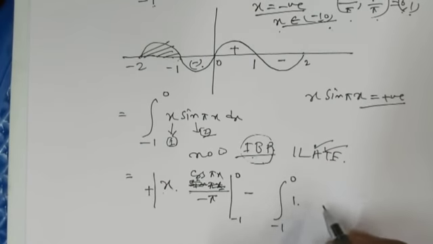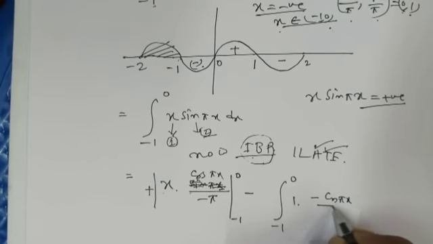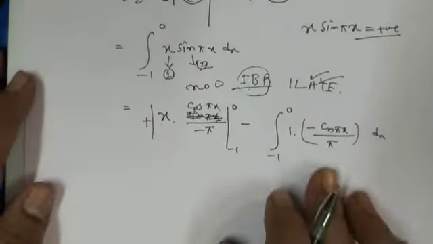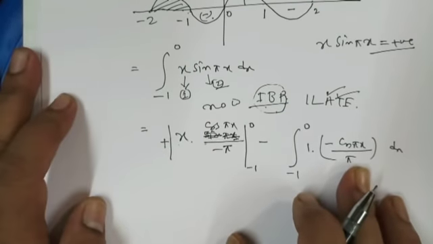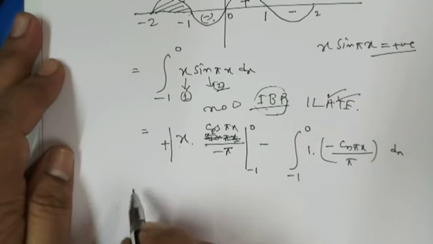Okay, and here minus cos pi x upon pi dx. In this way you can use IBP, integration by parts, or you can also use successive integration.